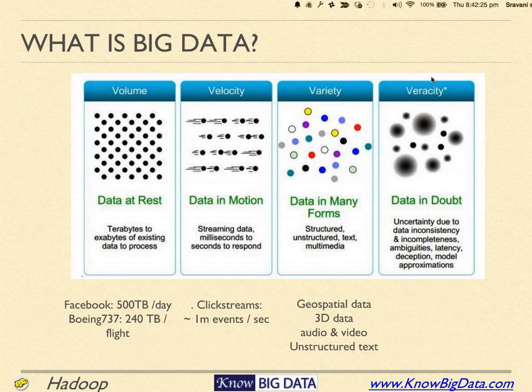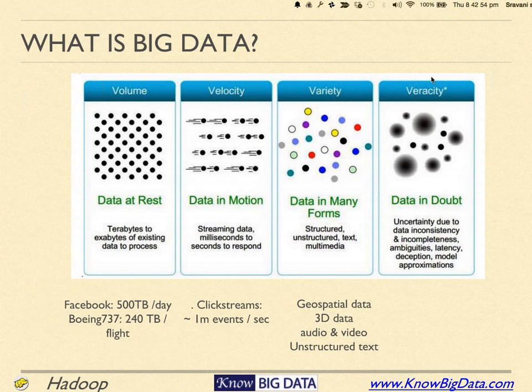Similar is the case with a lot of gene sequencing, classification, categorization. Although the data might be small, solving that particular problem might require multiple computers parallelly. If you try to do it on a single computer, it might take too much time, which is something you would not like.